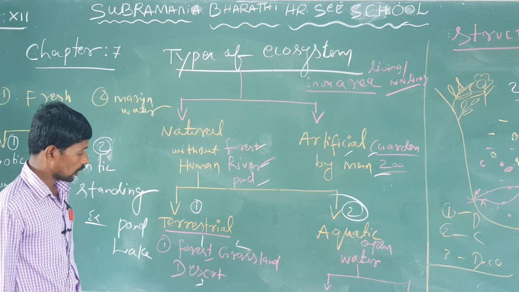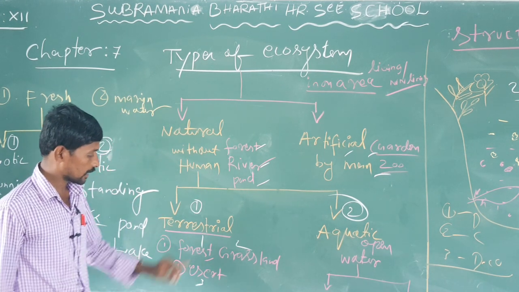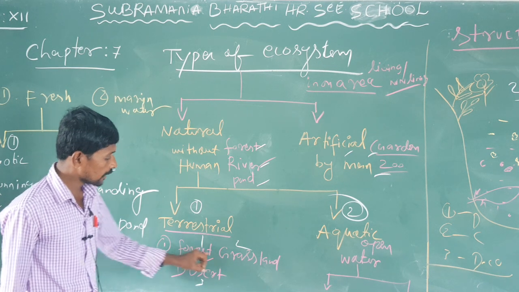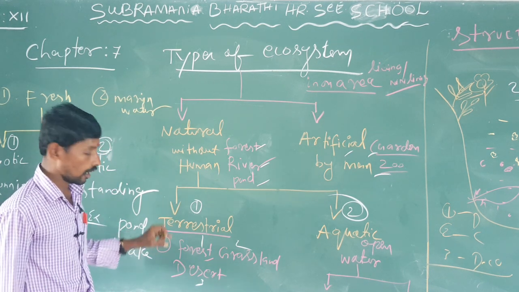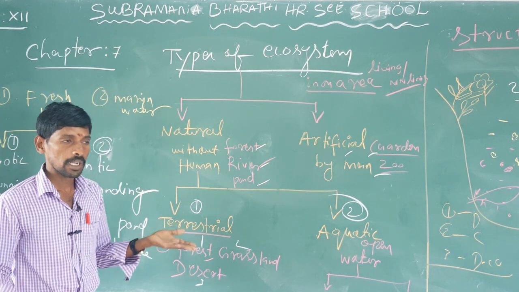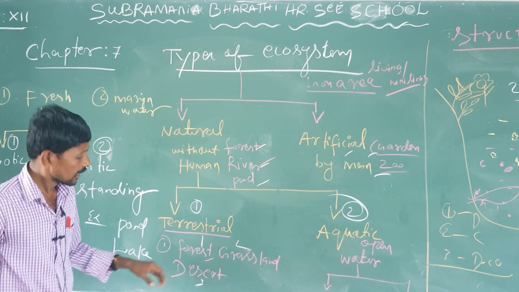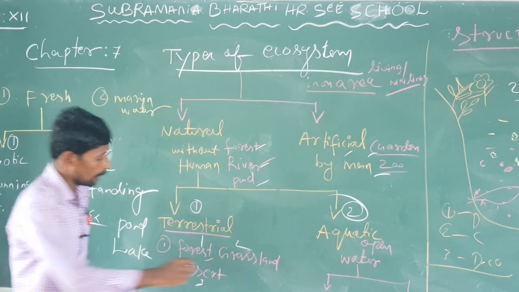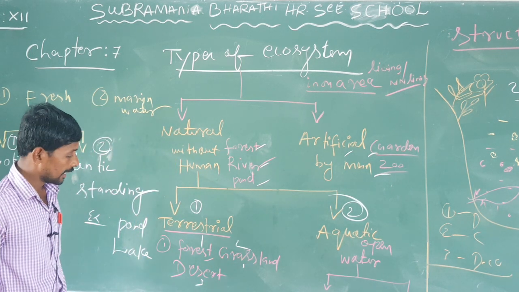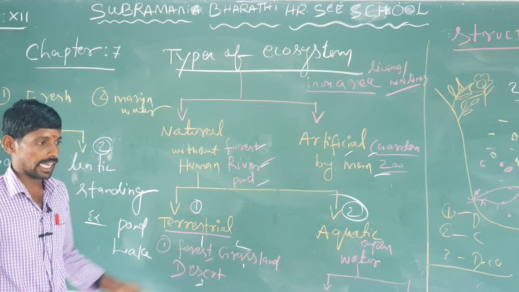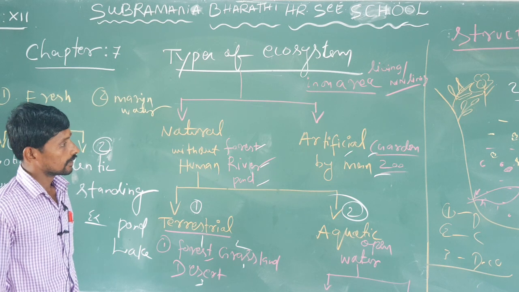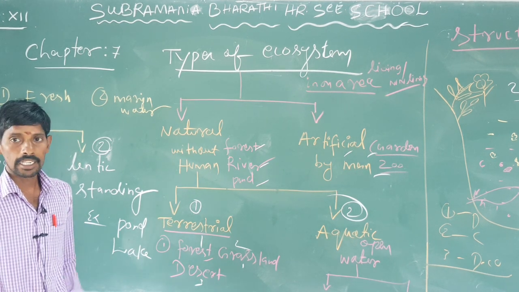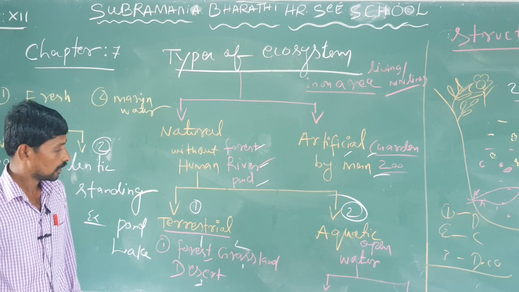Terrestrial ecosystems include forest, grassland, and desert. Forests have elephants, large plants, and smaller plants like herbs and shrubs, which form the complex structure of a forest. Grassland has, for example, goats and cows. Desert is dry land with no water. These are terrestrial ecosystems, with both living and non-living things.